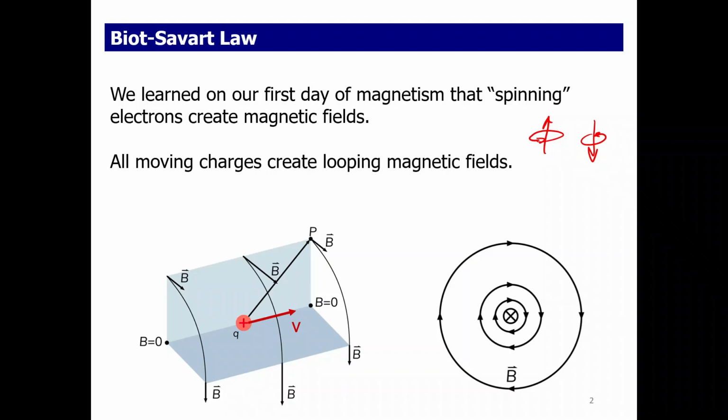So for example, here we have a positive charge that is moving in a straight line. So it's not spinning, it's just moving in a straight line. What ends up happening is that moving charge creates a magnetic field, and that magnetic field loops around so that at any one point from that charge you are going to have a magnetic field, and that magnetic field is going to be dependent on the radius.